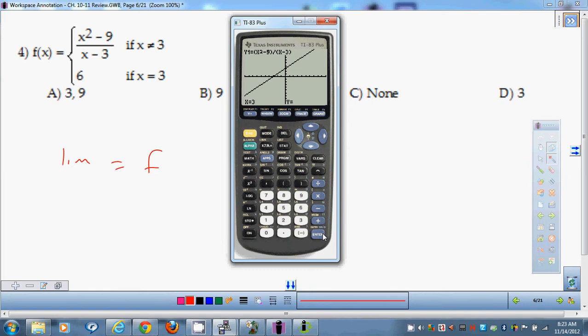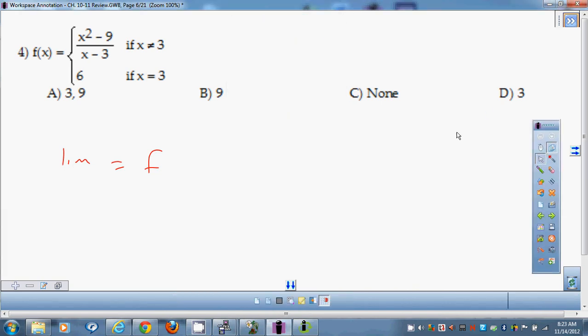What's something I can plug in to find the limit of this function? 2.999999. It equals 6. Does our actual value equal 6? So therefore, what's the answer? C. It is not discontinuous anywhere. The limit equaled the function value. Very good.